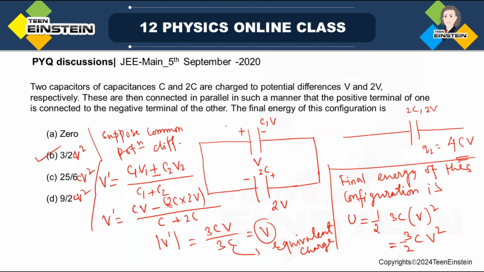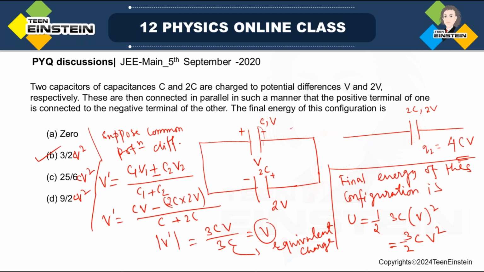The turning point here is that we should not get confused about whether the net charge will be C for both of them. No, it is actually 4CV and CV, because charge will not be destroyed.